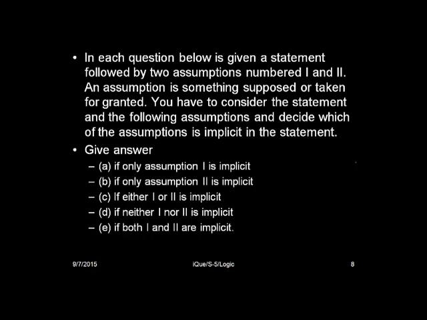You have to consider the statement and the following assumptions and then decide which of the assumptions is implicit in the statement. The answer key is: mark A if only the first assumption is implicit, mark B if only the second assumption is implicit, mark C if either the first or the second assumption is implicit, mark D if neither 1 nor 2 is implicit, and mark E if both the first and the second assumptions are implicit.